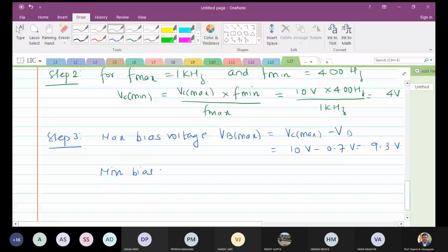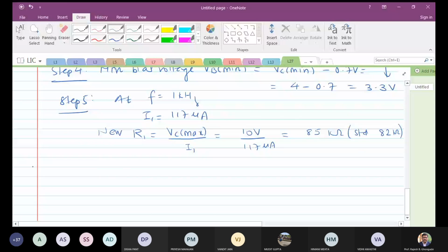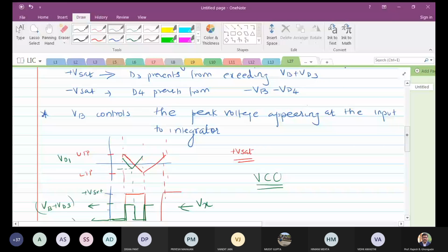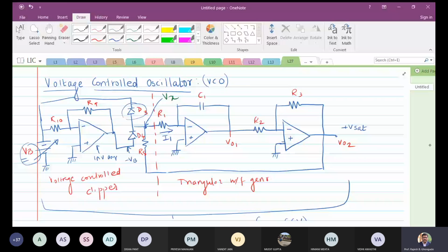Now step 6, IR8. Again, we said that it should be very much greater than I1. Select IR8 as 1 milliampere.